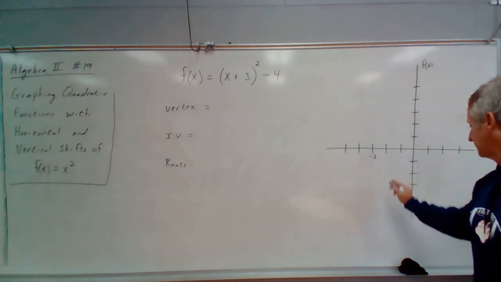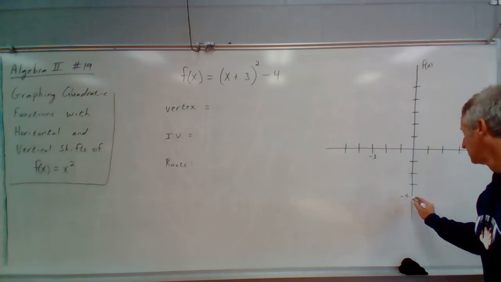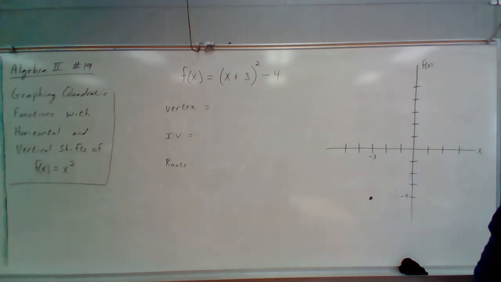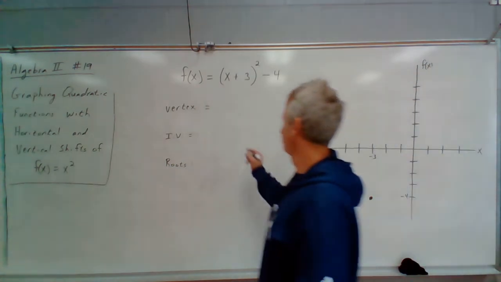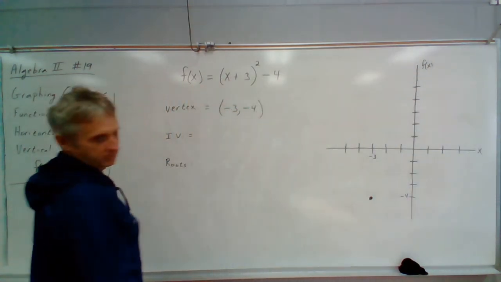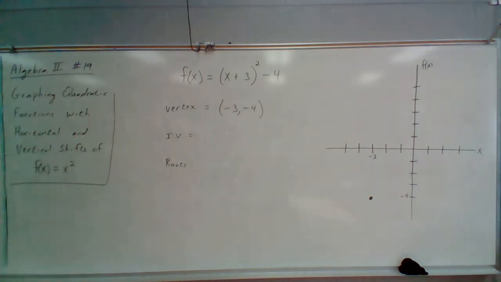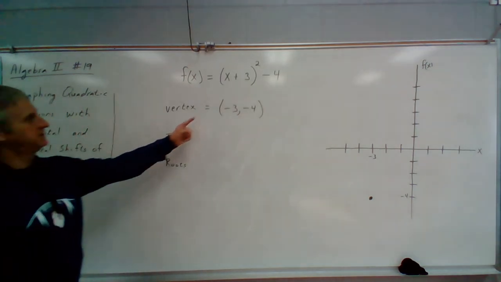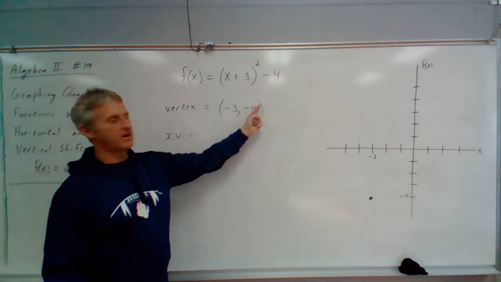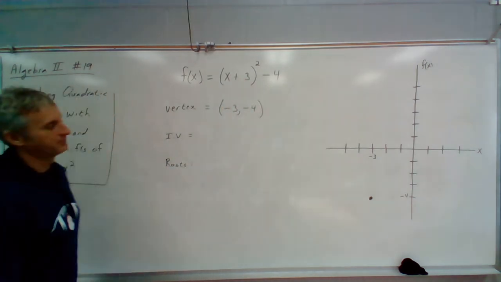So the vertex of our parabola should be at negative 3, negative 4. So notice the x-coordinate of the vertex is the opposite of this number, and the y-coordinate is that number.